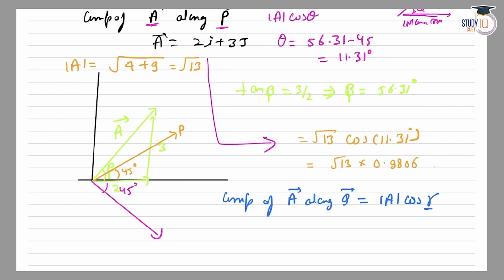In this case, gamma is the angle between the a vector and the q vector, which is equal to 56.31 plus 45 degrees, and this is equal to 101.31 degrees. So the answer would be under root 13 into cos of 101.31 degrees. This is your answer.